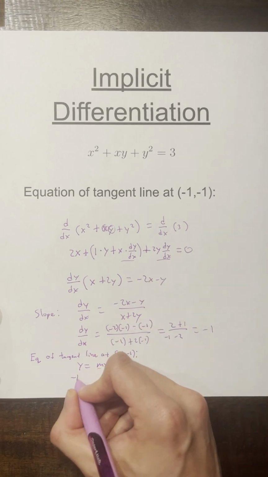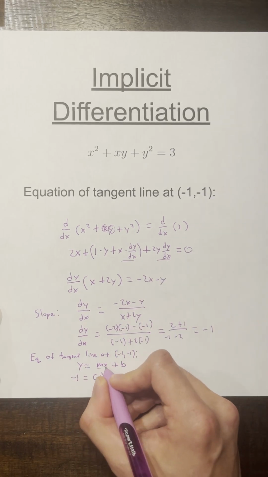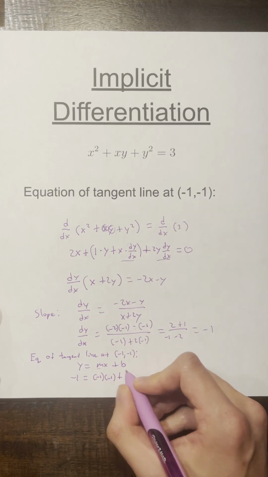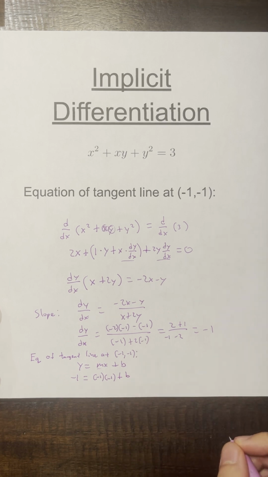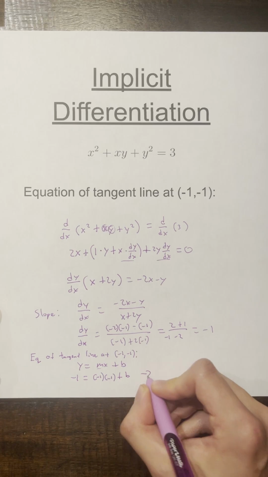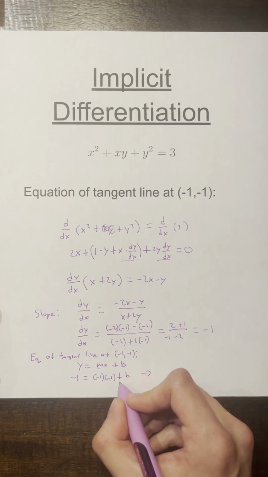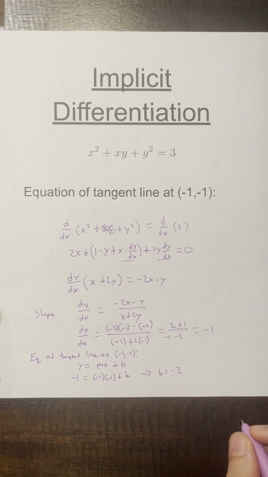Okay, so -1 equals -1 times -1 plus b. So b is how much? Okay, so -1 equals 1 plus b. That means b is equal to -2.